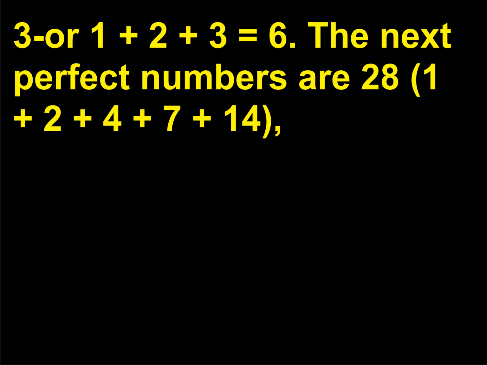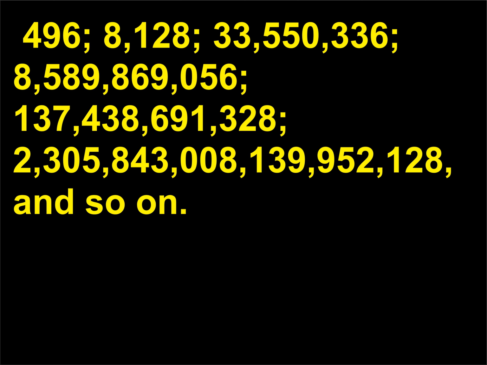The next perfect numbers are 28, 1 plus 2 plus 4 plus 7 plus 14, 496, 8128, 33,550,336, 8,589,869,056, 137,438,691,328, 2,305,843,008,139,952,128, and so on.